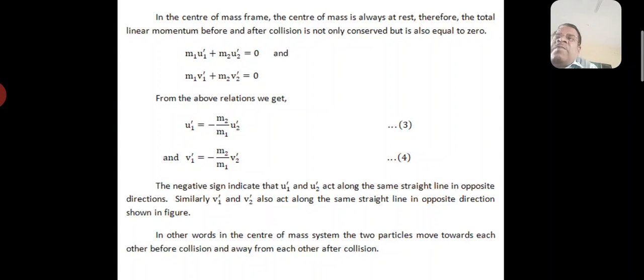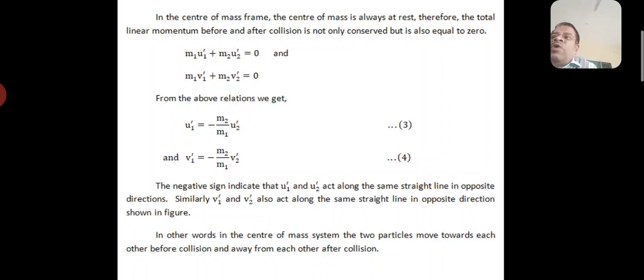In the center of mass frame, the center of mass is always at rest. Therefore, the total linear momentum before and after collision is not only conserved but also equal to 0.